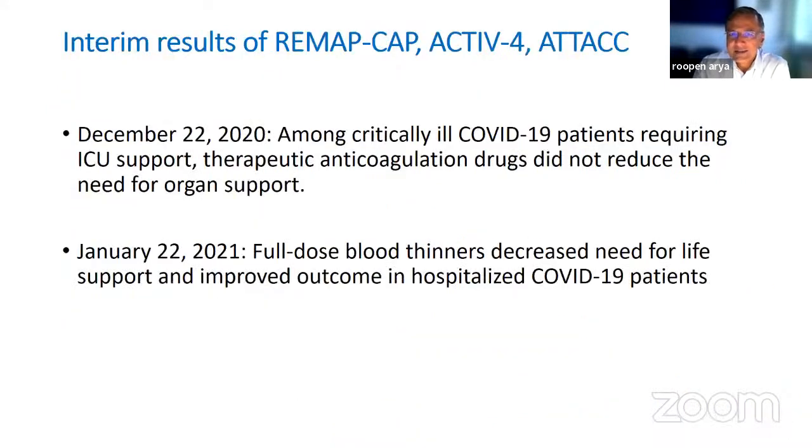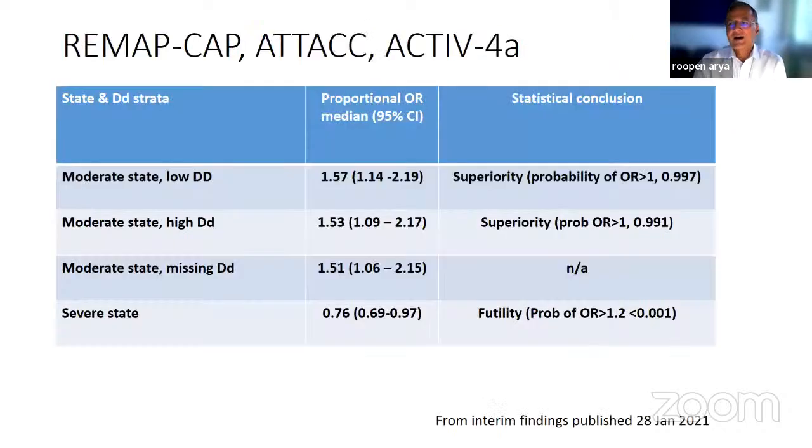And again, there were these interim results tweeted in the winter of 2020 that therapeutic anticoagulation in critical care patients did not reduce the need for organ support and caused harm, whereas in the moderately ill patients on the ward, there seemed to be some superiority in terms of outcomes.